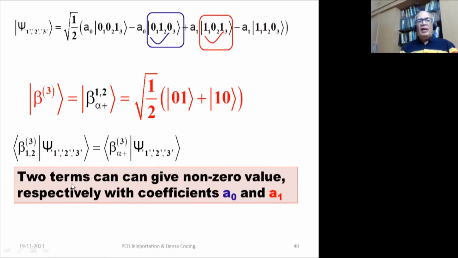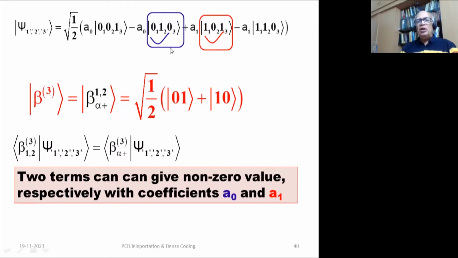So now we can see that these two are anti-parallel. These two are also anti-parallel, but for the other reason. Here, qubit 1 is up and qubit 2 is down. Here, qubit 1 is down and qubit 2 is up. So you have that combination. And these are the two terms which will give you non-zero probability amplitude of finding the 3-qubit state in Bell state number 3.